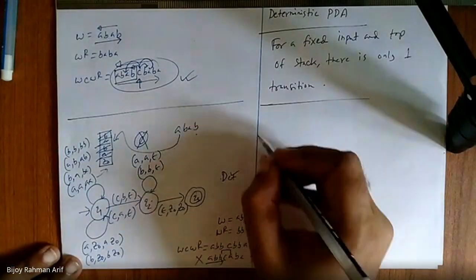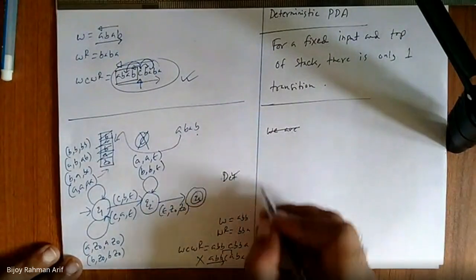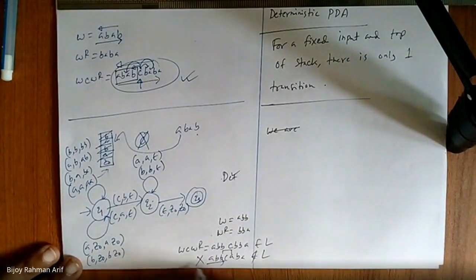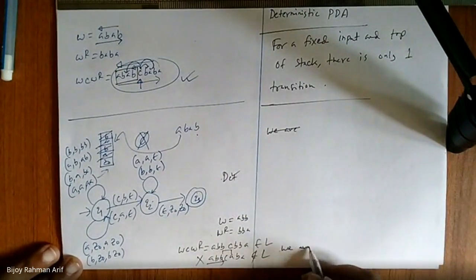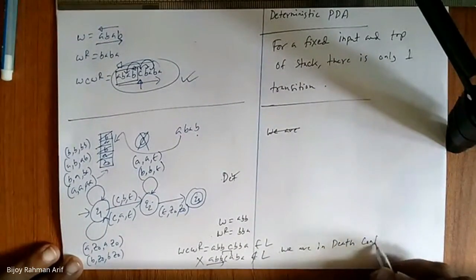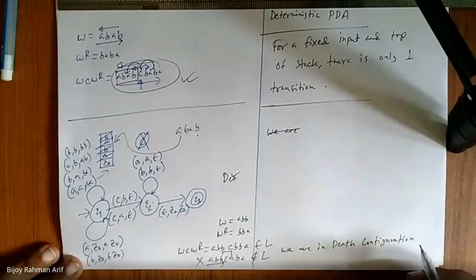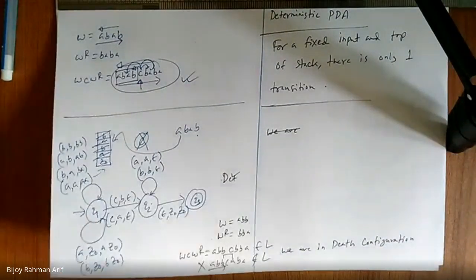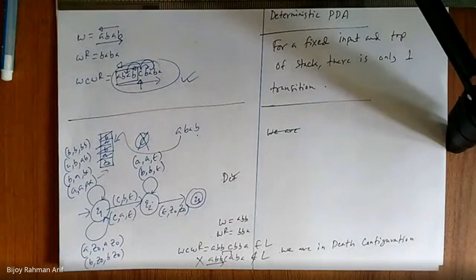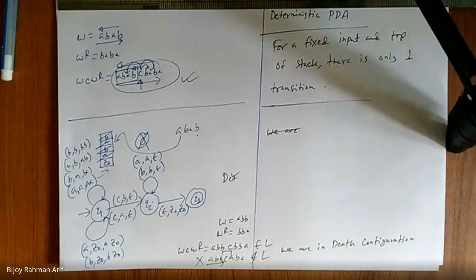So in this case, we are in death configuration. What happened to the machine? What will the machine do? The buffer is getting stuck.